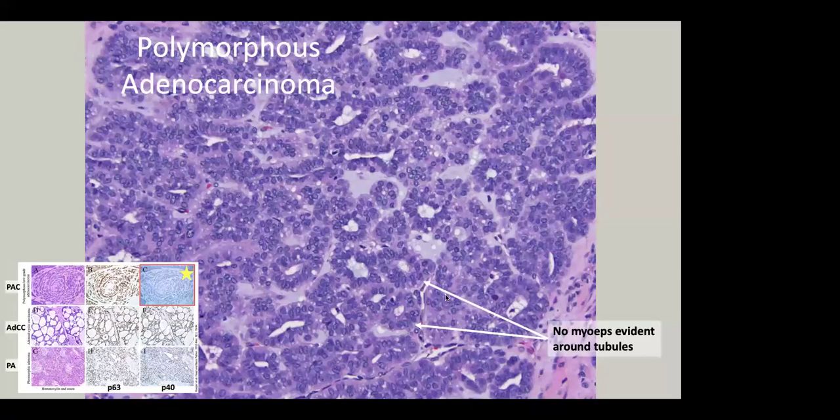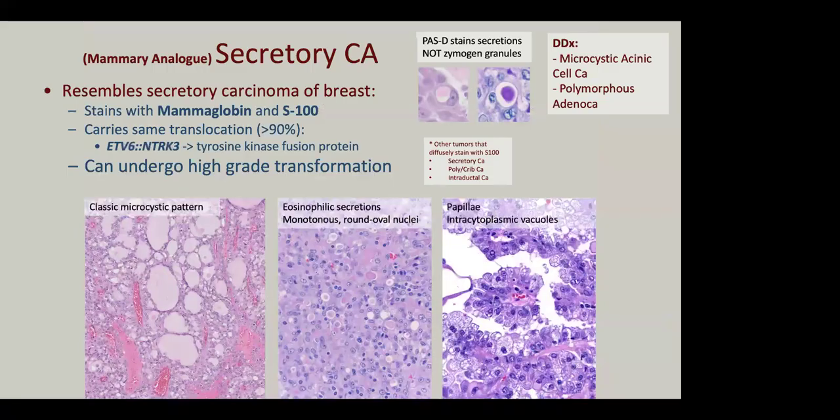You can see that if you want to make this diagnosis on H&E, you can almost get there in as much as you do not see myoepithelial cells around these tubules, so you can at least assume that this is a monophasic, not a biphasic tumor. And of your monophasic tumors, your other differential diagnosis might be something like secretory carcinoma, which also stains diffusely strongly positive for S100, but also for mammaglobin and has an ETV6-NTRK fusion.